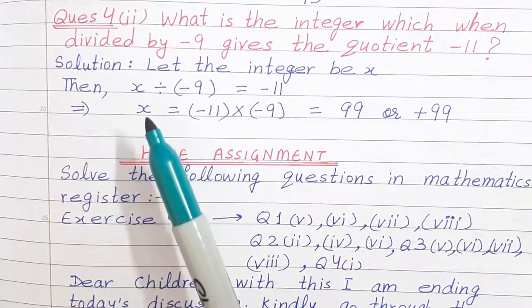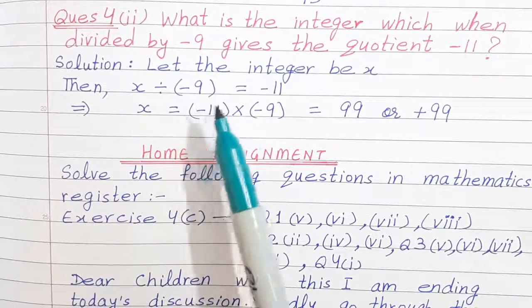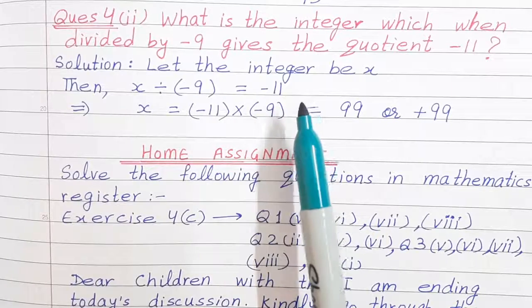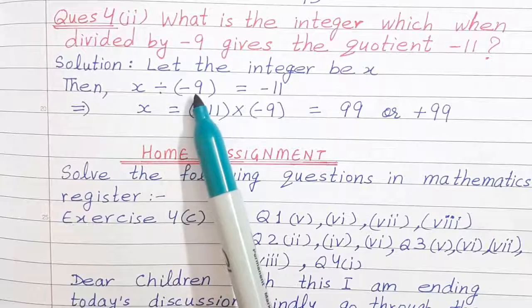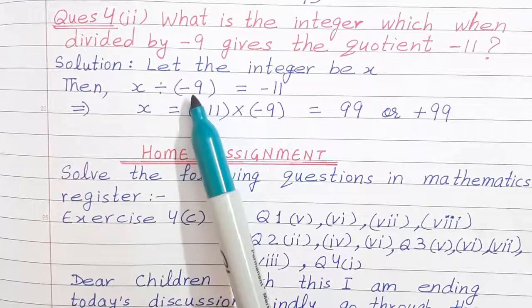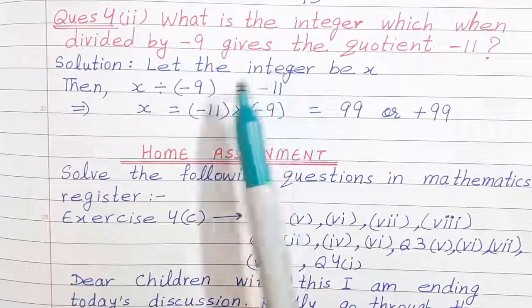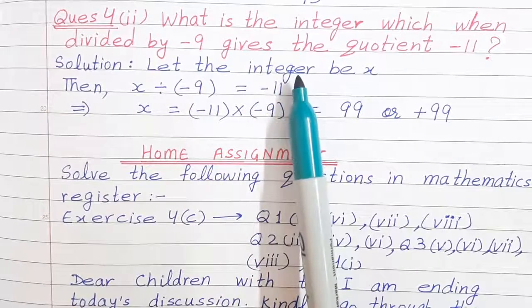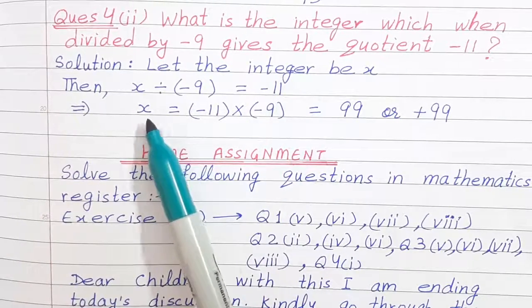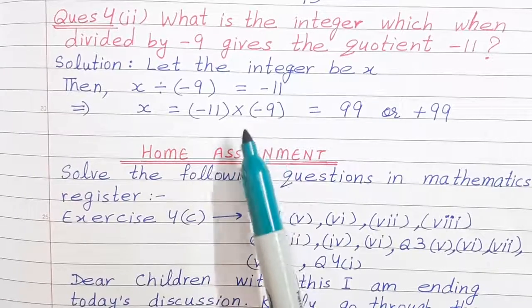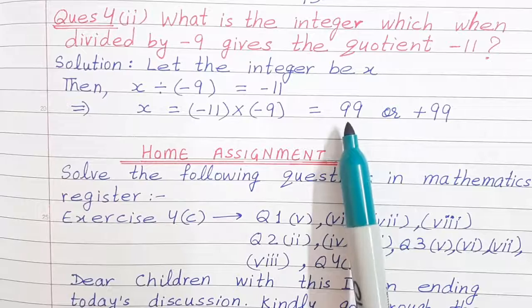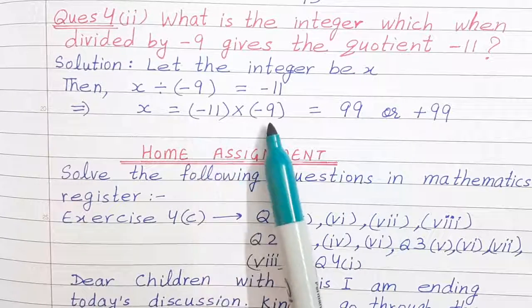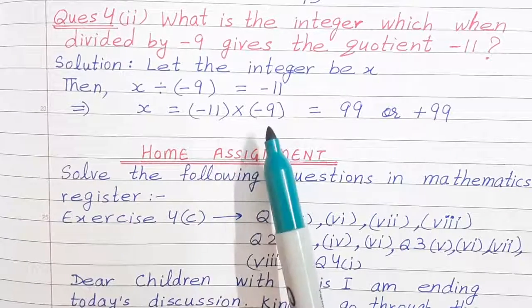Then x divided by minus 9 is minus 11. So you can see that we have to divide this by minus 9. Now if I shift minus 9 to the other side, it will be multiplied. So x is equal to minus 11 multiplied by minus 9. And the answer is 99, because both the numbers were of same sign. I hope you have understood.